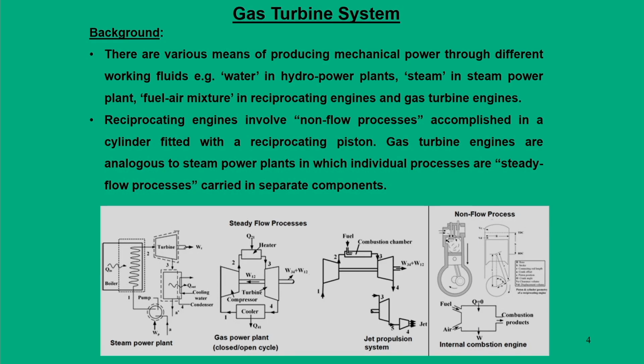So, let me start the background of these gas turbine systems. The concept of gas turbine systems came into existence after the Second World War, when people thought that aircraft propulsion systems could be modified so that we can generate power. But originally their entire idea was to generate thrust in gas turbine engine components.